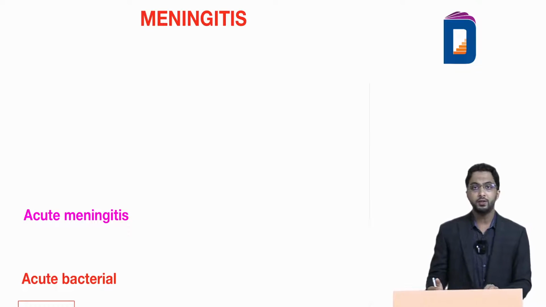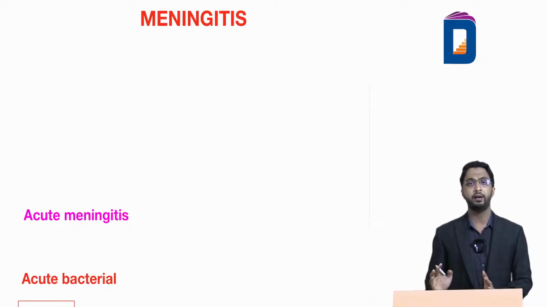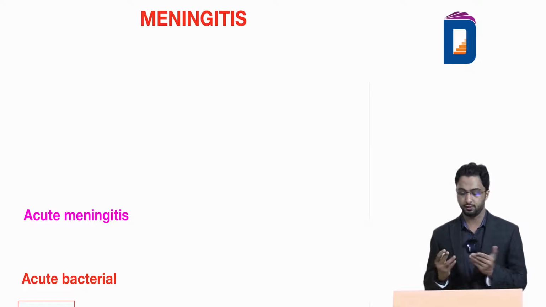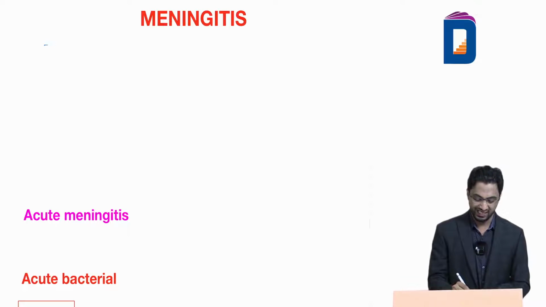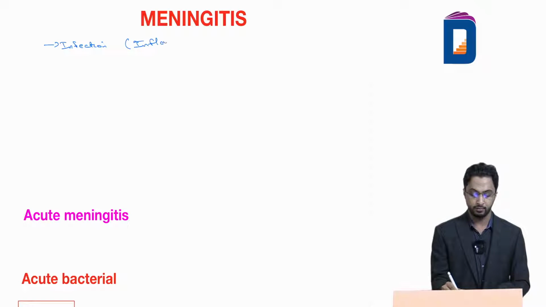Now, what is meningitis? Meningitis is nothing but infection and inflammation of the meninges. Very simple, isn't it? So it's basically infection and related inflammation, and definitely any infection can bring about inflammation.